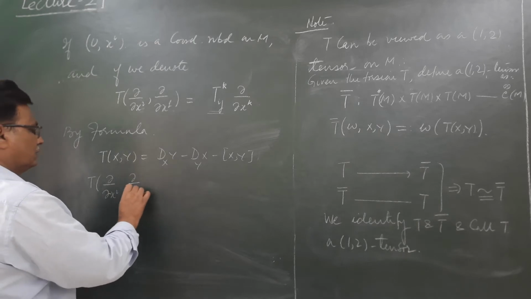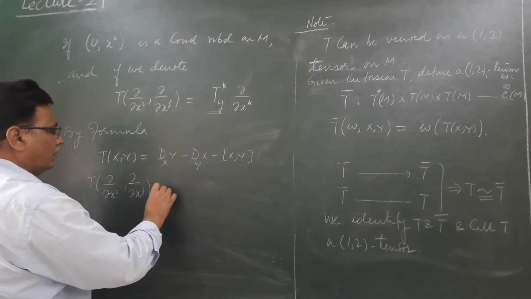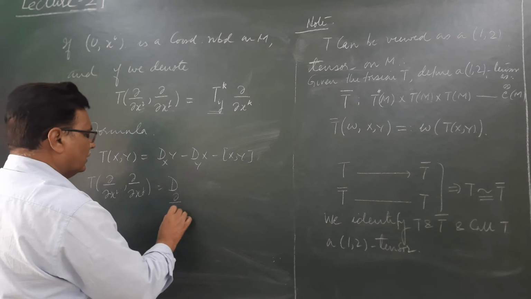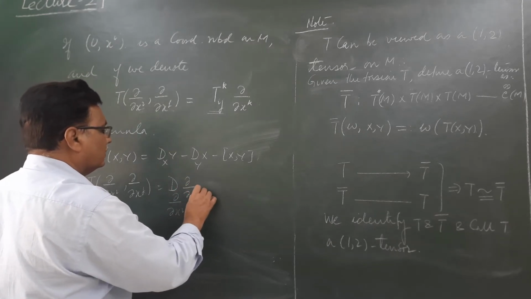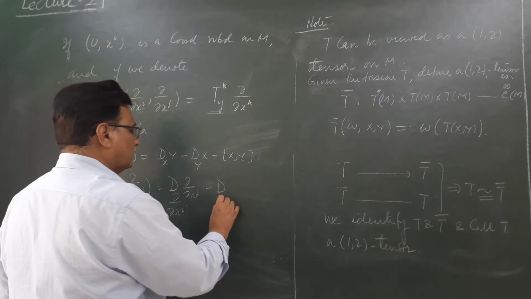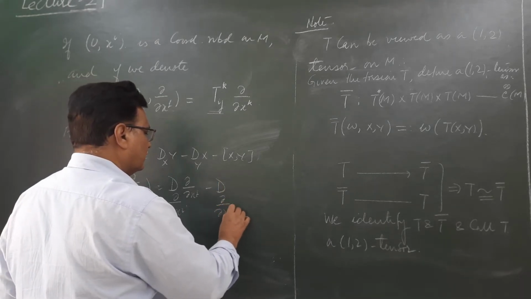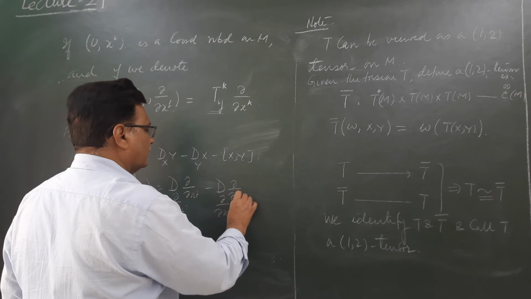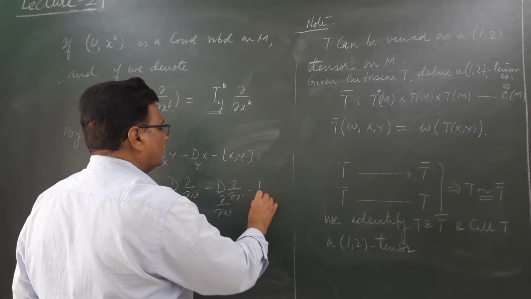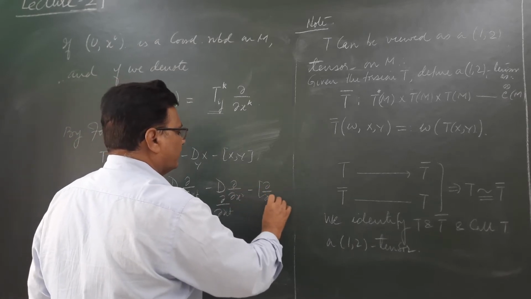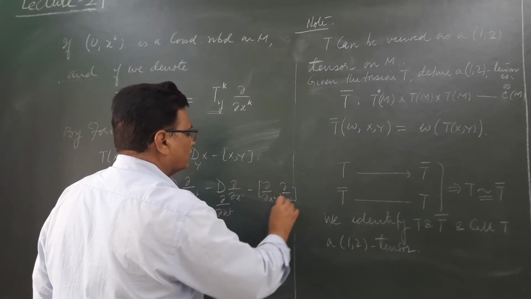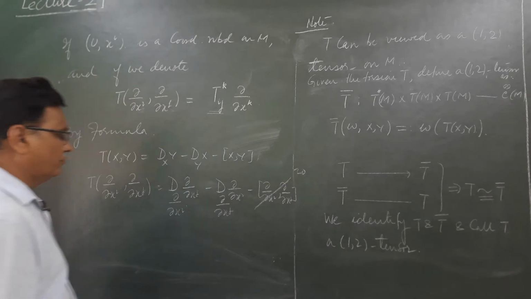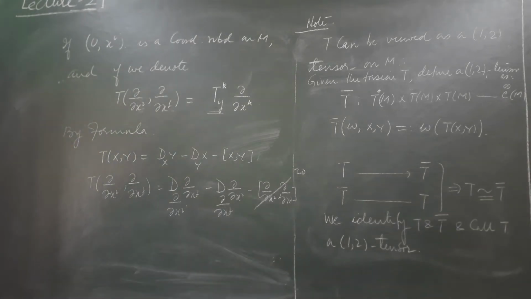T of ∂/∂x^i, ∂/∂x^j equals D of ∂/∂x^i on ∂/∂x^j minus D of ∂/∂x^j on ∂/∂x^i, minus the Lie bracket of basic vector fields, which you know is 0. So this last term goes off for basic vector fields.